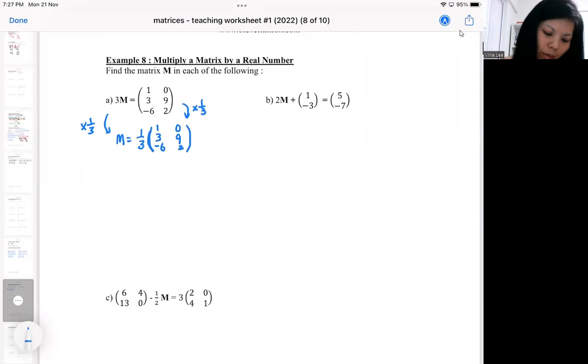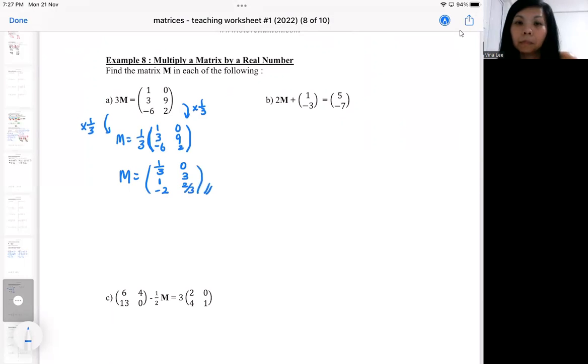So you multiply the 1/3 inside. Okay, so this one is a bit like algebra again.